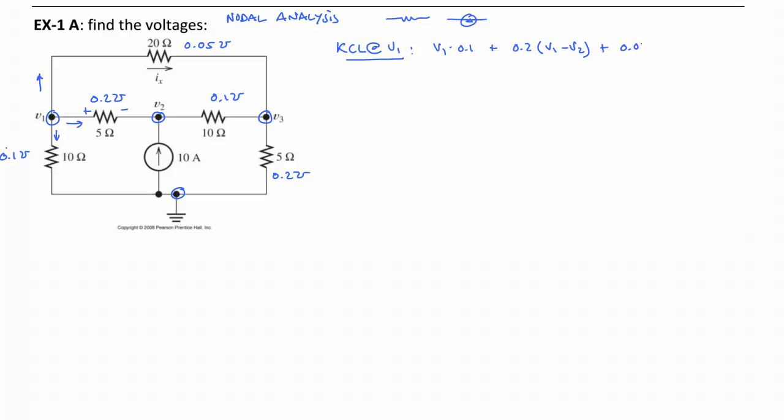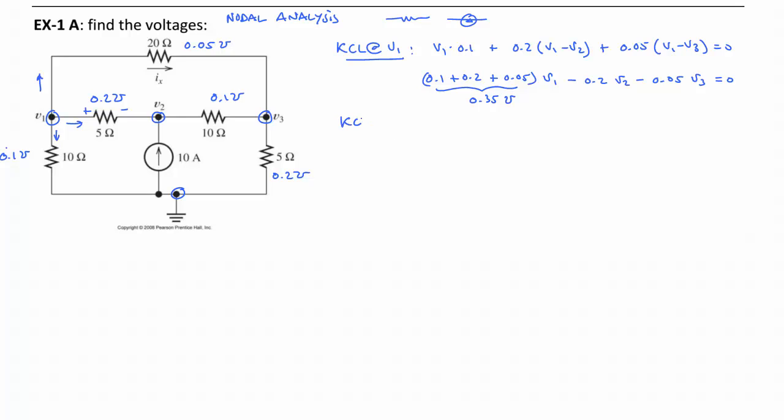So we have 0.05 times V1 minus V3, and all of that equals 0. We can now collect terms, so we could say 0.1 plus 0.2 plus 0.05 times V1, minus 0.2 V2 minus 0.05 V3 is equal to 0. And this here is 0.35 mhos.